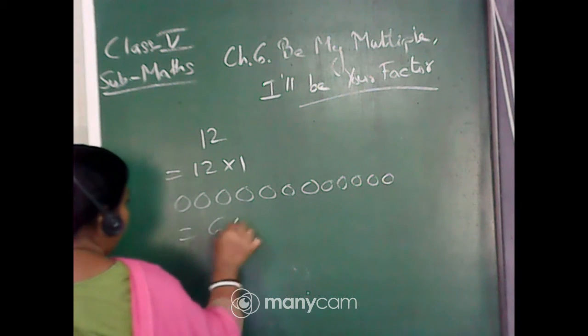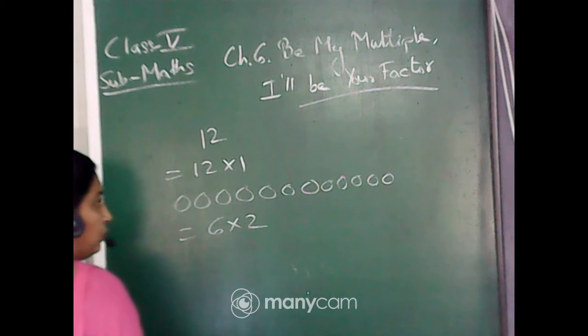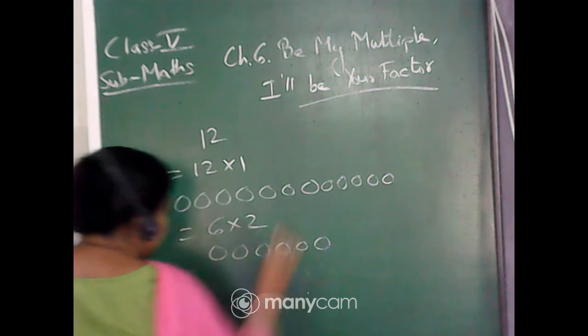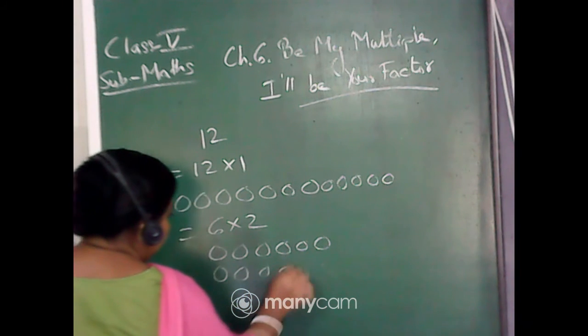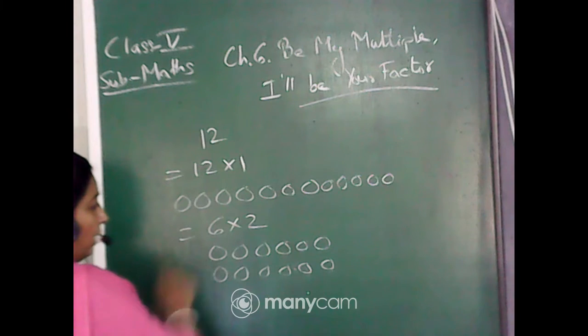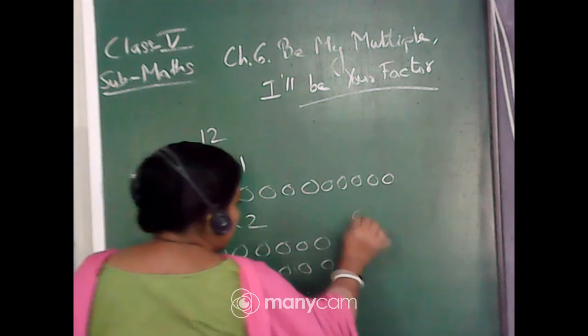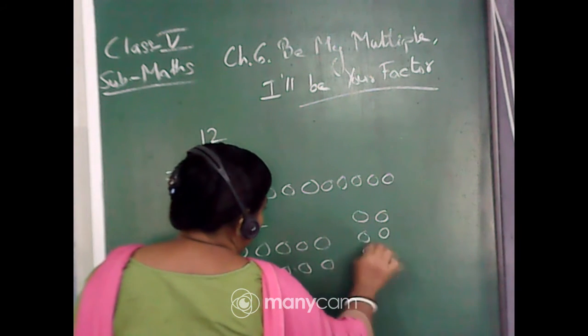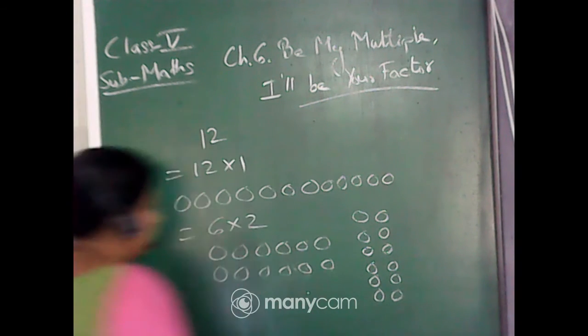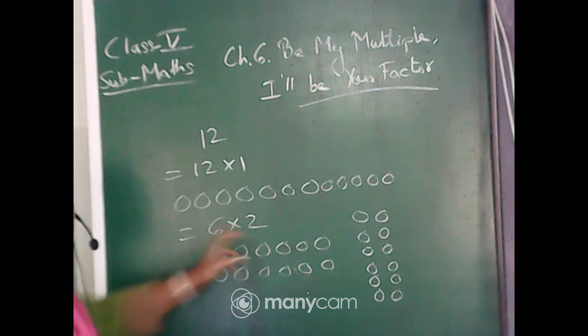Similarly, if you are doing 6 into 2, it looks like this. This is also 6 into 2 and 2 into 6, that means 1, 2, 3, 4, 5, 6, 7, 8, 9, 10, 11 and 12, like this. 6 into 2 as well as 2 into 6.